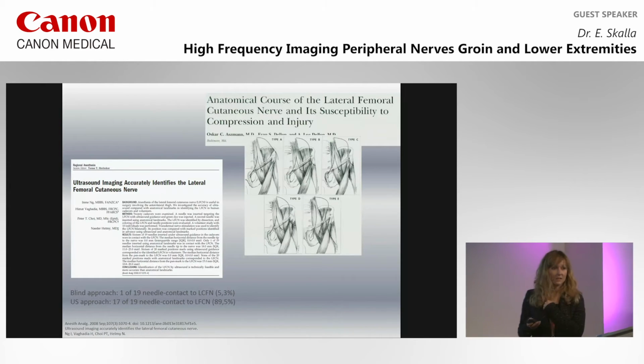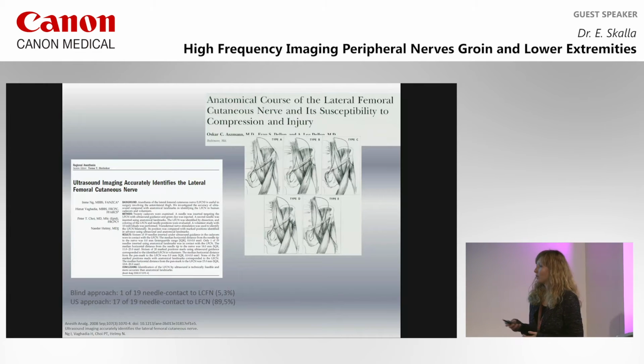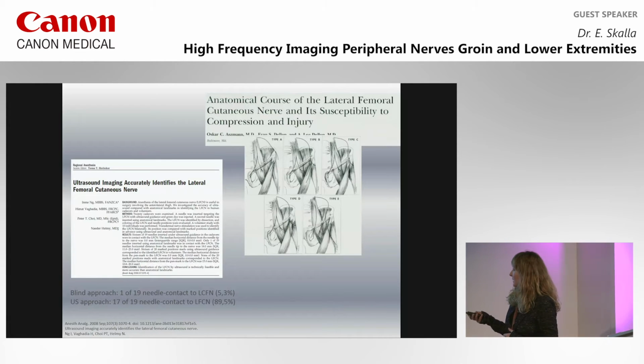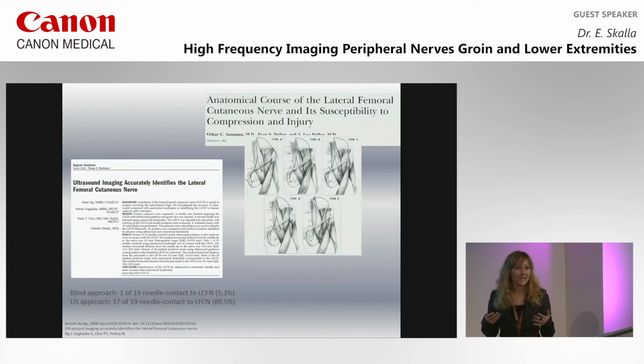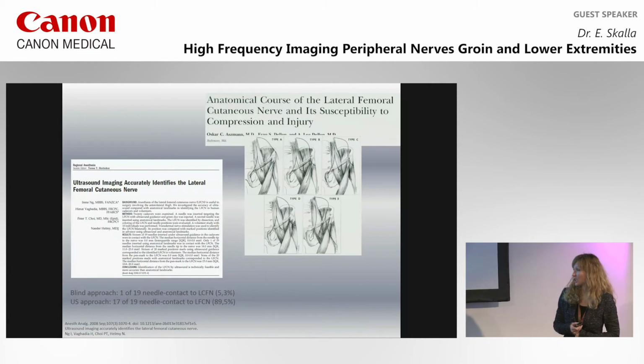On the other side, 17 of 19 needles with ultrasound were in the right position. I don't know who did it, we would have 19 of 19, of course. But you see this big difference. Ultrasound helps us to do the infiltrations in the right position.